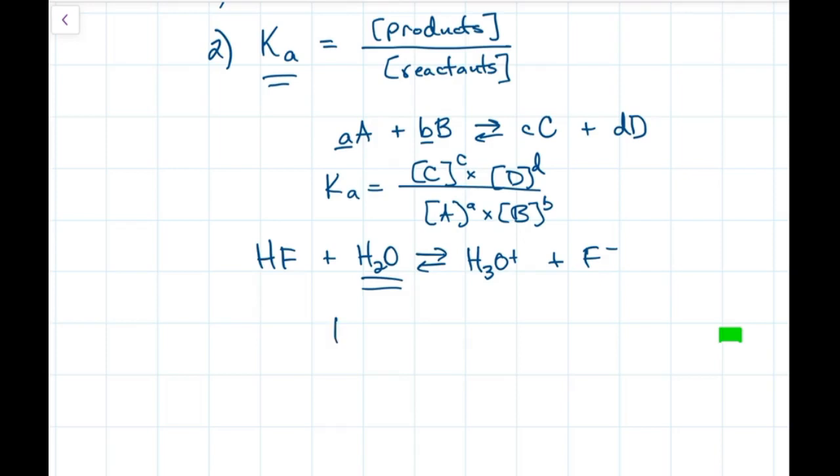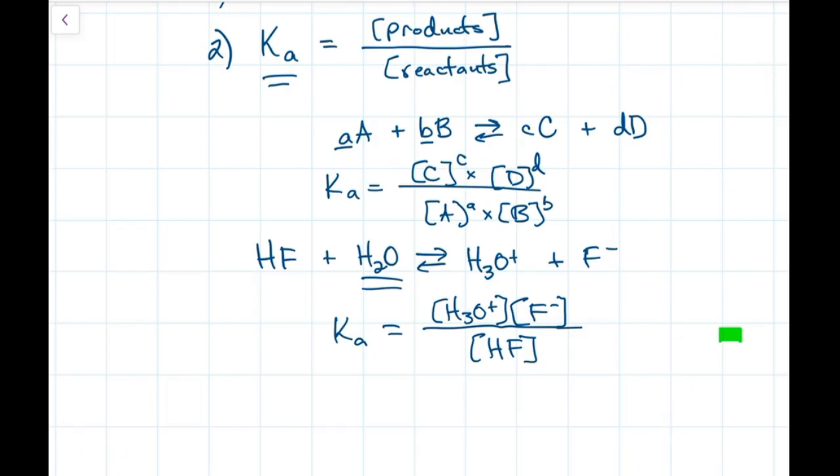The Ka, I'm just going to fill in the symbols, is simply going to be the concentration of my first product, hydronium, times my second, fluoride, over, and again, ignoring water, that only leaves me with hydrofluoric acid as my other reactant. Now, we're going to do some sample problems in class where I give you concentrations to fill in and you find the Ka, or I give you the Ka and you fill in the concentrations. But for the time being, I just want you to understand what the setup is and what it stands for.